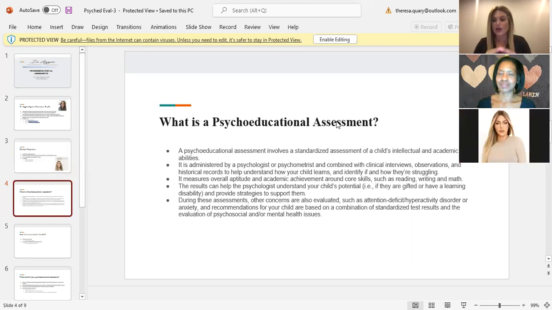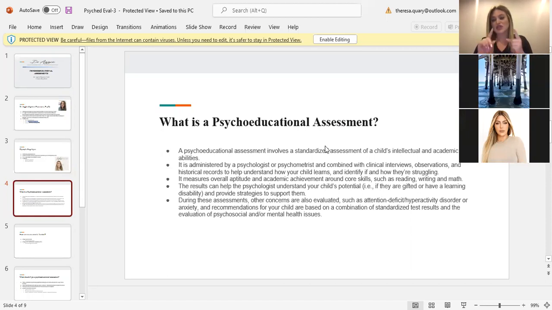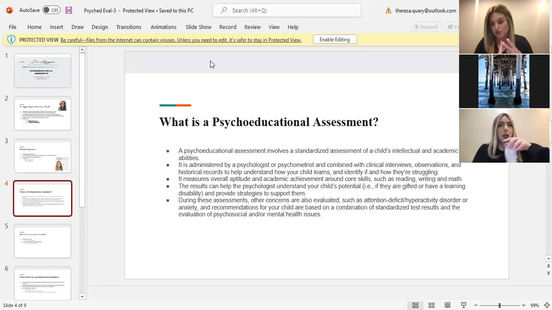And so basically, when we do an assessment like that, it's a very comprehensive assessment that looks at a child's social, emotional, behavioral, and academic functioning. And more importantly, it looks at how the social, emotional, and the behavioral impact the child's ability to learn.